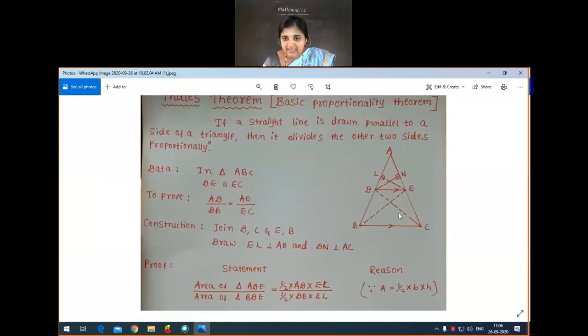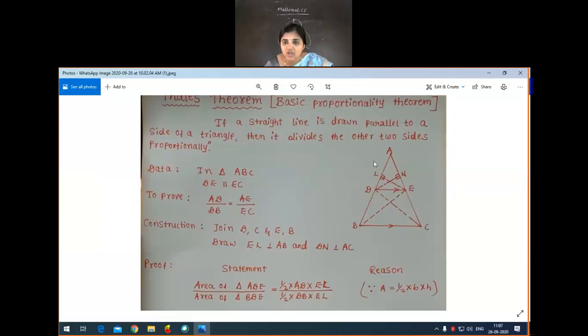Okay, so I'll come back again to the construction part. Join DC and E to B. Then we have to draw EL, this EL line which is perpendicular to the AB line. Then the DN line: from the D point, we have to draw one more perpendicular line, perpendicular to the AC line. So this is your construction.